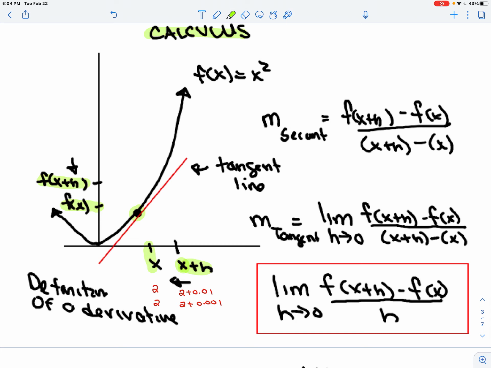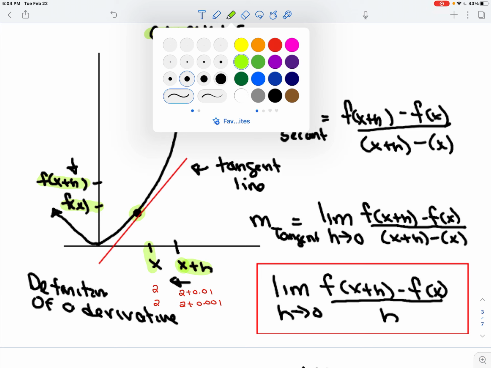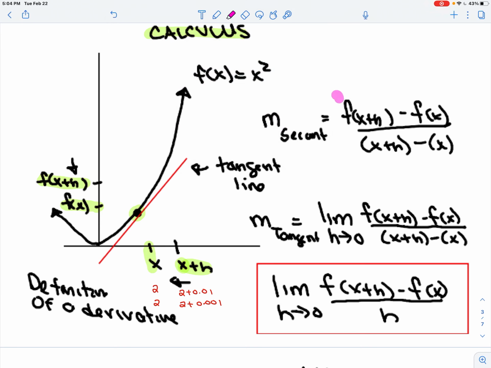So the secant line between these two would give me this formula here. And what makes it a tangent line is that I let that h value approach 0. So I take the limit as h gets closer and closer to 0.